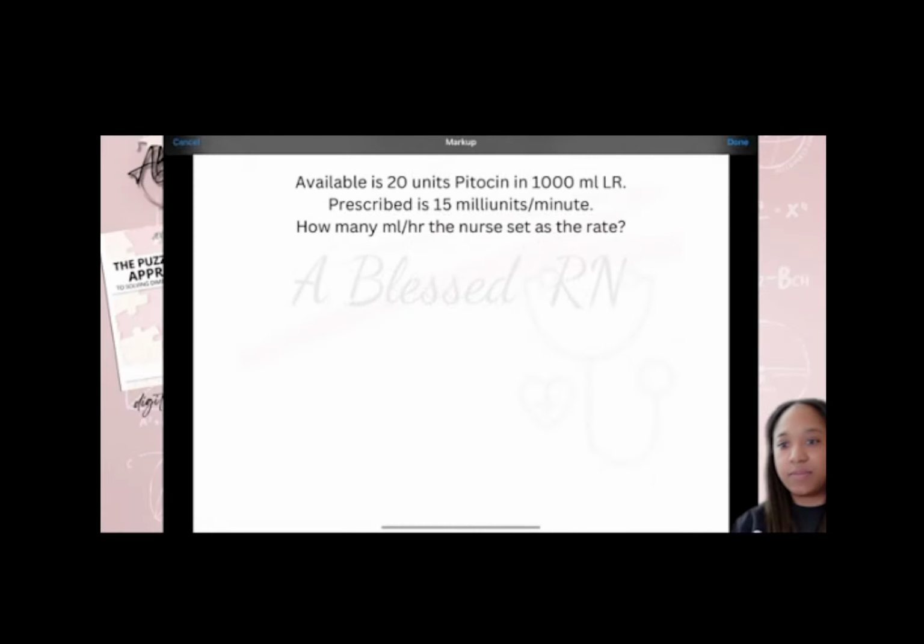All right. Somebody asked me would I do a problem with units in it. So this is an OB maternal Pitocin question. Don't let the unit of measure being different throw you off.